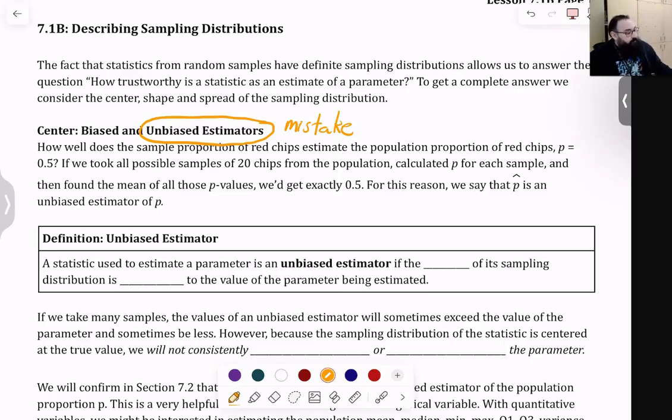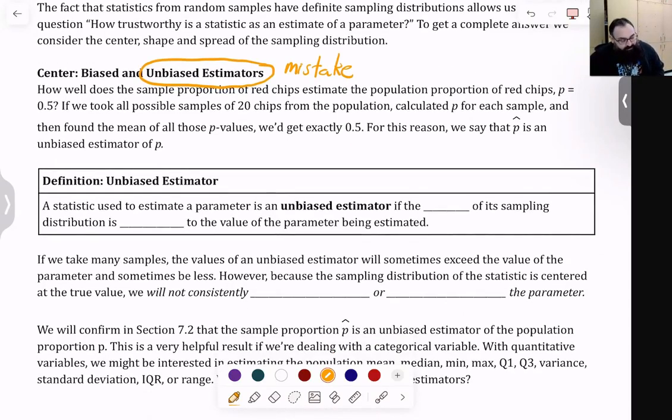So when we talk about the best unbiased educated guess, a statistic used to estimate a parameter is an unbiased estimator if the mean of the sampling distribution is equal to the parameter being estimated.